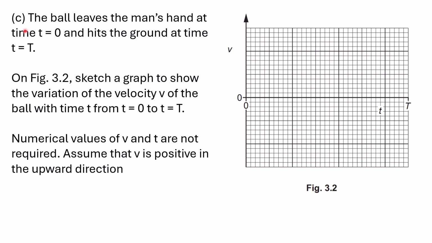The C section of this question. The ball leaves the man's hand at time t equals 0, right here, and hits the ground at time uppercase T. On figure 3.2, sketch a graph to show the variation of the velocity v of the ball from time 0 to time uppercase T. Numerical values of v and t are not required.